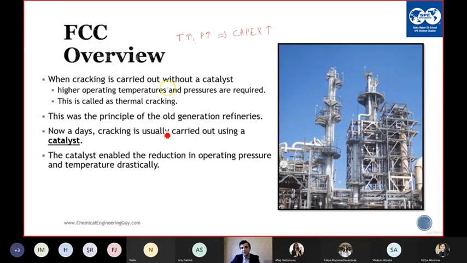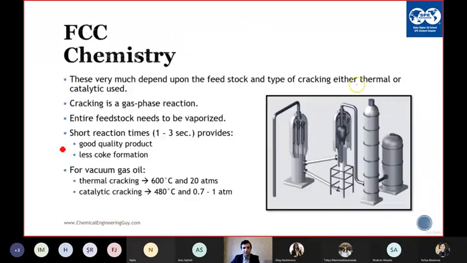But nowadays all the processes are with catalyst, the FCC chemistry. So it's a gas phase reaction, because it is still a high temperature reaction. And the residence time, what is the residence time?